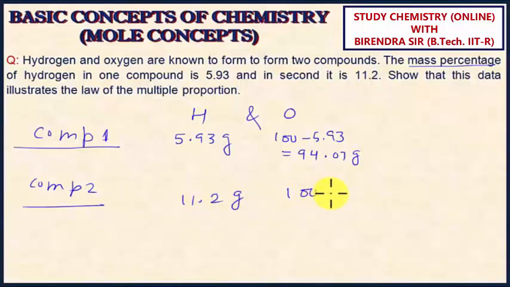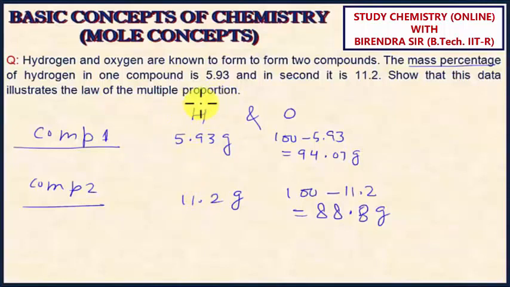So the oxygen will become 100 minus 11.2 and the value comes as 88.8 gram.